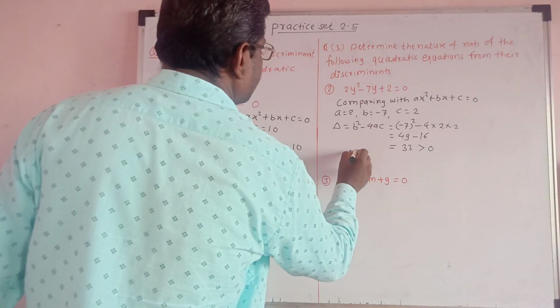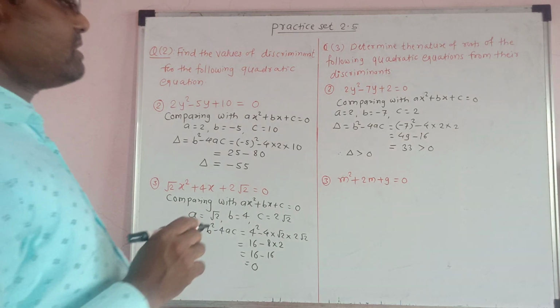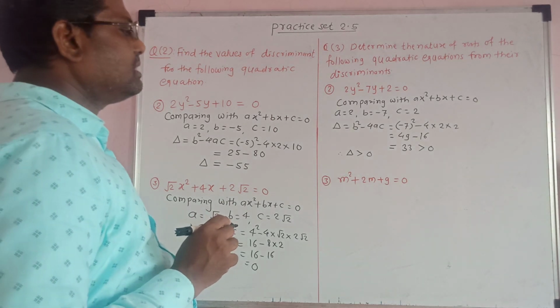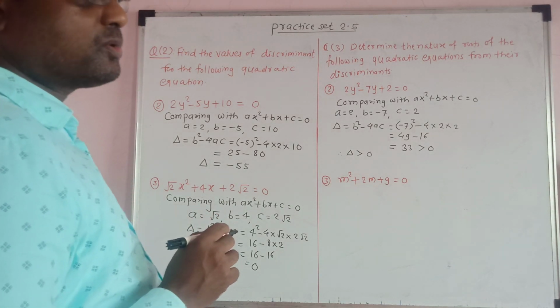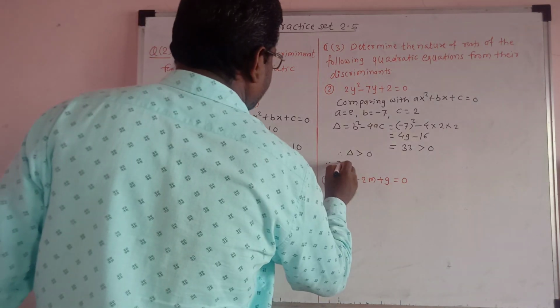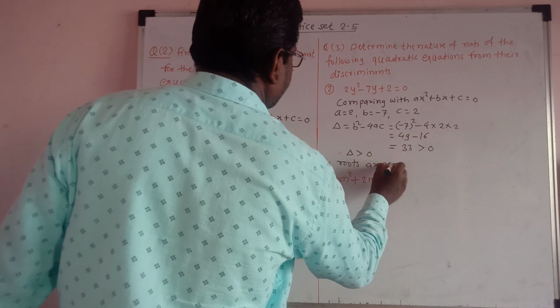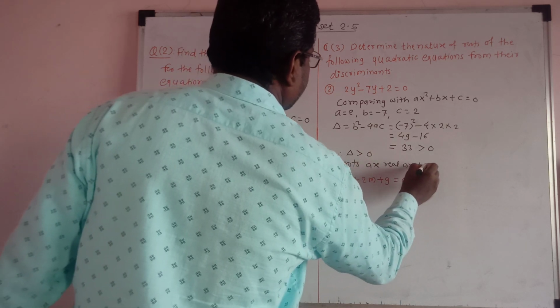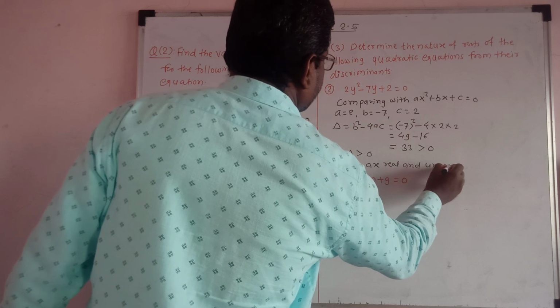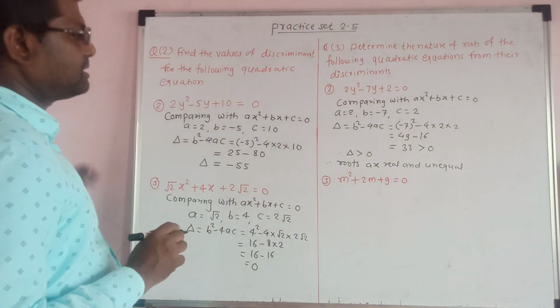Therefore delta is greater than 0. When delta or b square minus 4ac is greater than 0, roots are real and unequal. Therefore roots are real and unequal.